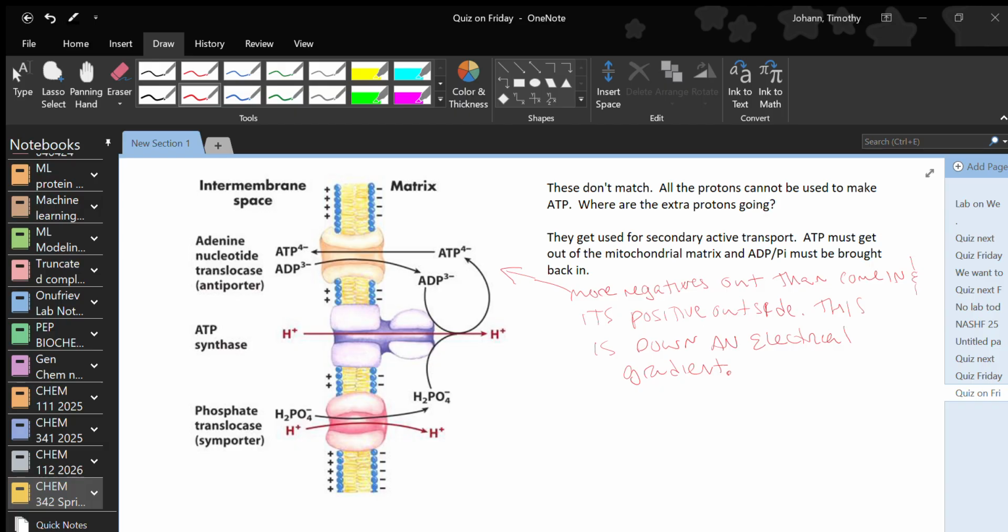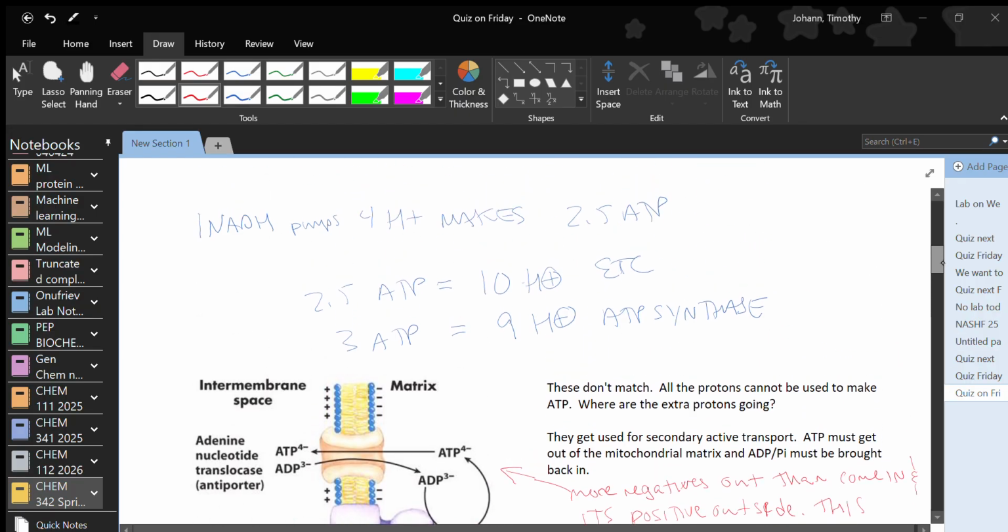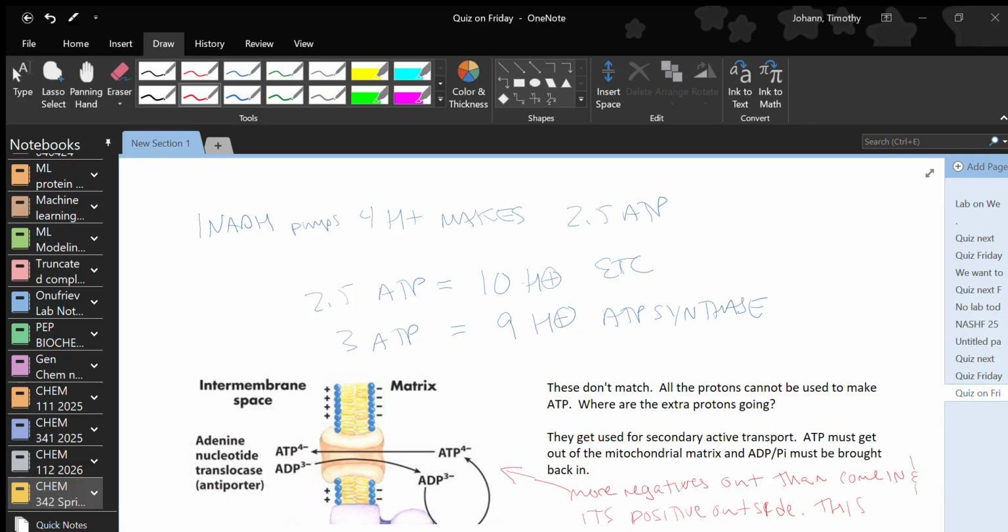Yes? Okay, since you brought up proportions of hydrogens, I'm thinking it seems like there's not enough extra hydrogens to bring in a phosphate for ATP. Right. So let's look. That's a good point. We make 2.5 ATP per 10 hydrogens, right?